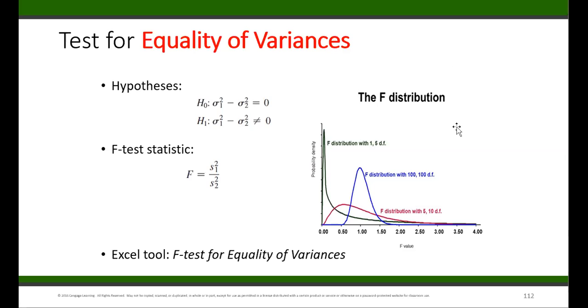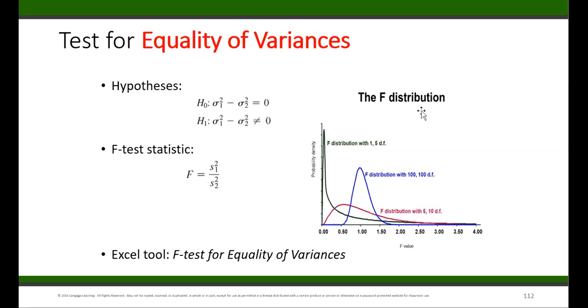But one thing that is important when we're conducting this type of test is that since this is not a symmetric distribution, Excel will not provide us with the p-value two-tailed. As you can see here, the type of test that we are conducting is a two-tailed test, but the distribution is not symmetrical.